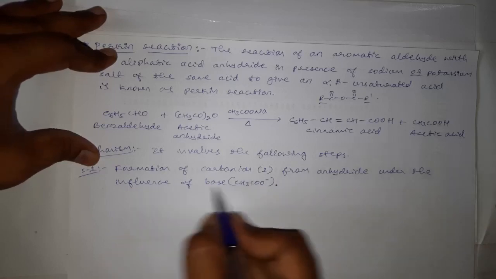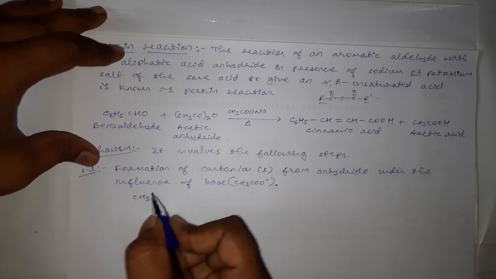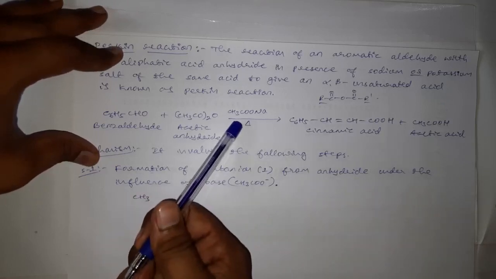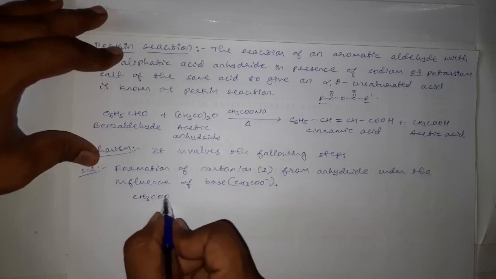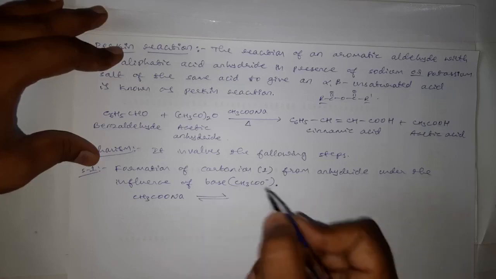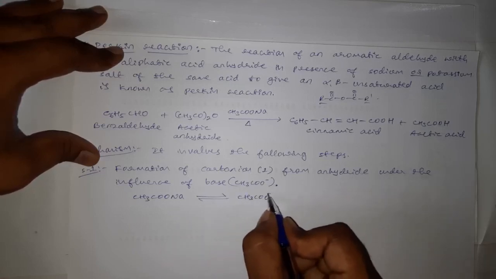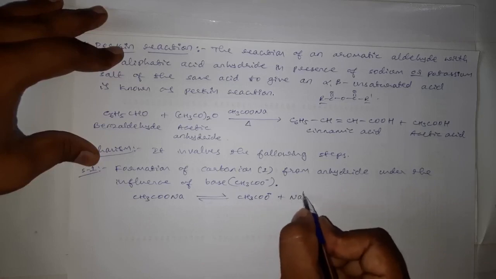First we have to study how this acetate ion, that is the base, is forming. Here we are using the sodium salt of an acid, CH3COONa. This will undergo dissociation to form CH3COO minus plus Na plus.